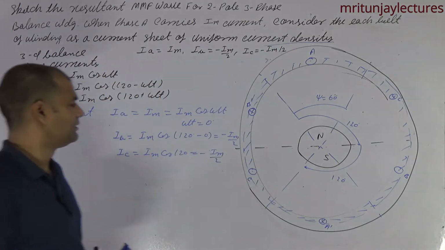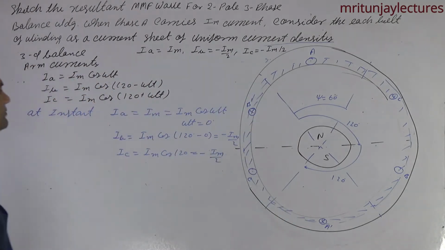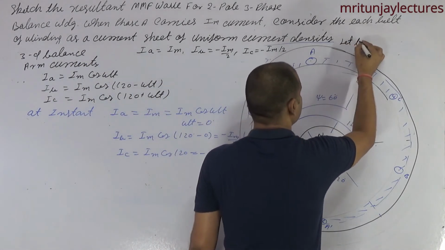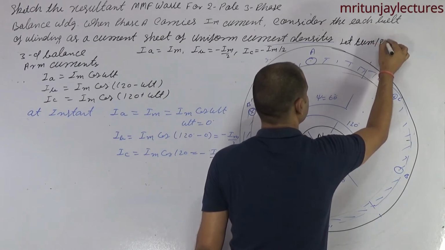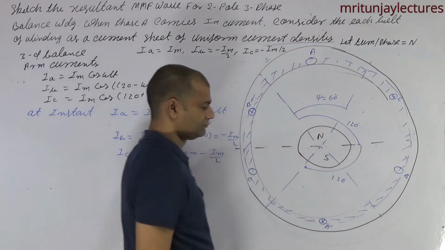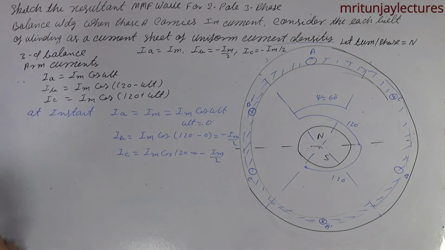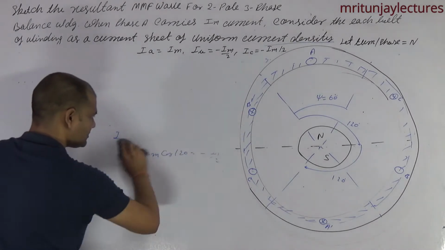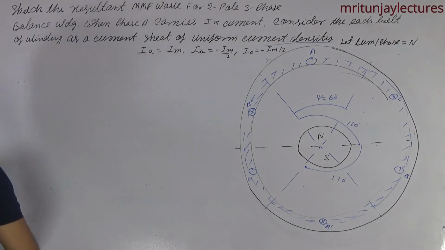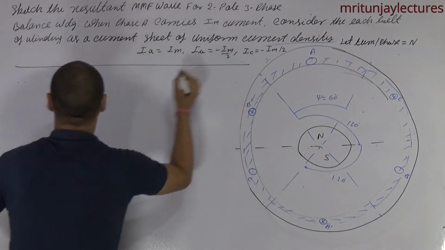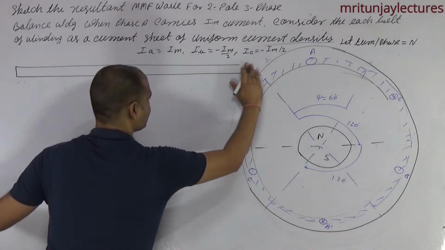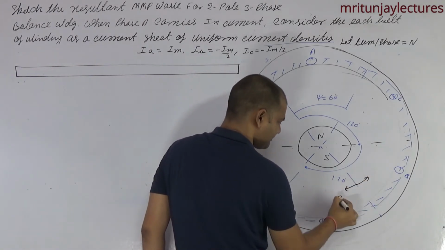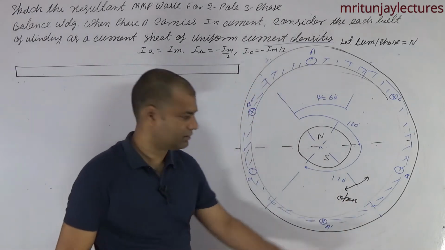Now make the MMF diagram with the help of this, and let the turns per phase be capital N. The machine is opened at this point.